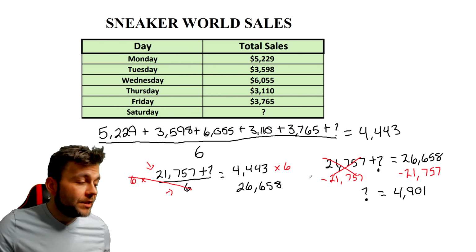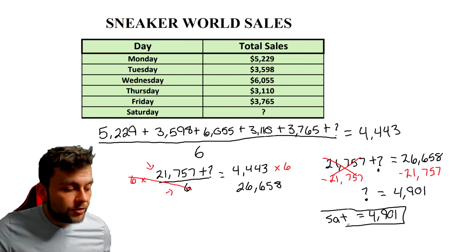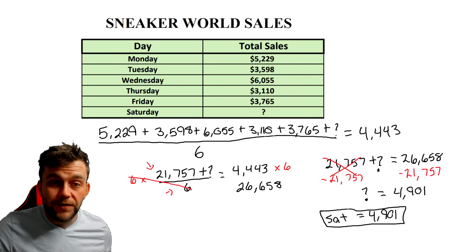That is the missing value. So Saturday's sales value is equal to 4,901. And what does this teach you? It teaches you not to lose your records of sales, so you have to calculate it backwards.